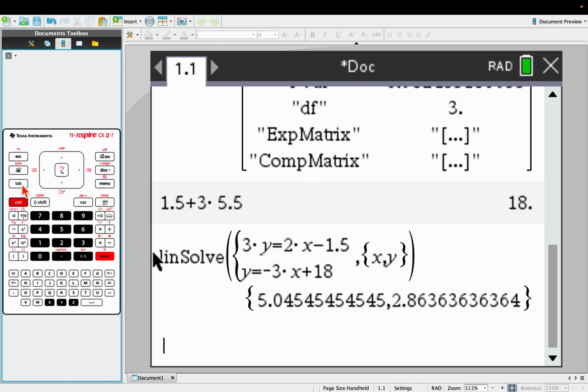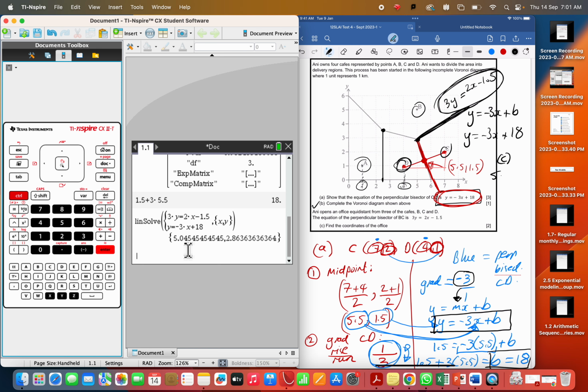So the actual coordinates here, it's getting a bit messy, apologies. The x coordinate is 5.05, and the y coordinate is 2.86. So that's the coordinates of this little vertex here, and it seems to fit with the numbers given on the picture.